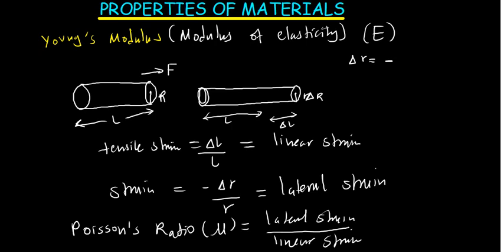So that is the formula, and we know what lateral strain is. Where there is lateral strain, we put this one, and where there is linear strain, we put this one. Well, this is about Young's modulus.